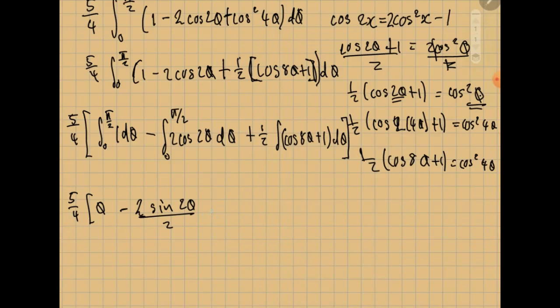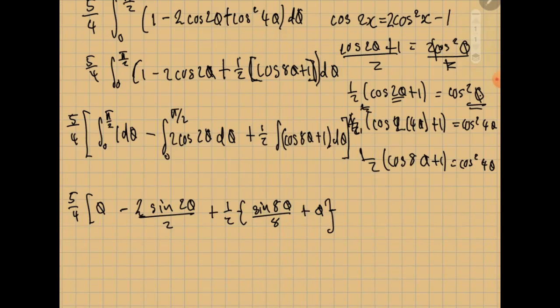And now plus half is multiplying again the integral of cos 8 theta, which is going to be sine 8 theta over 8. Then the integral of 1 with respect to theta is going to be theta. And as we can see, this is not a power; this is something that was for the previous stages.